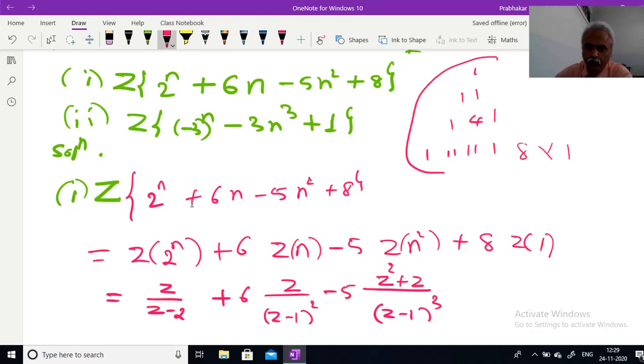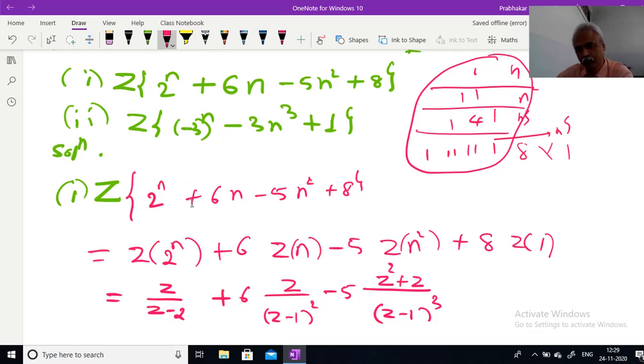If you remember this much, you can remember the Z transform of n square, n cube and n raised to 4. For example, the Z transform of n cube is Z cube plus 4Z square plus Z divided by Z minus 1 raised to 4. So it becomes the Z transform of the first three functions plus 8 times the Z transform of 1, which is well known, Z by Z minus 1.